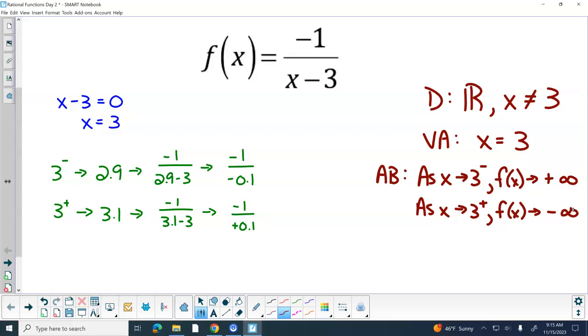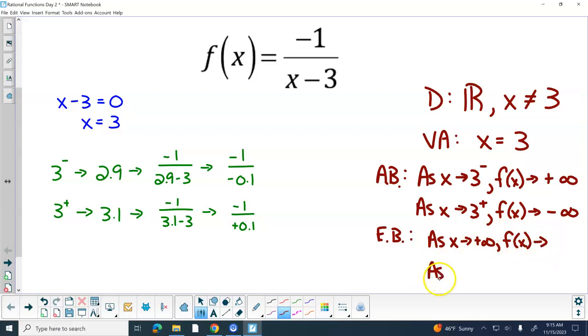Then we said we've got to get our end behavior. That's going to be as x goes to positive infinity, what's my function going to?